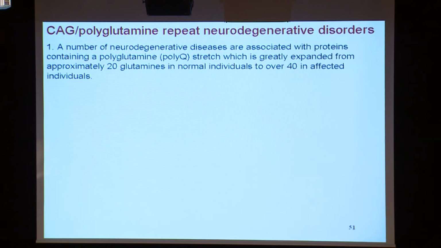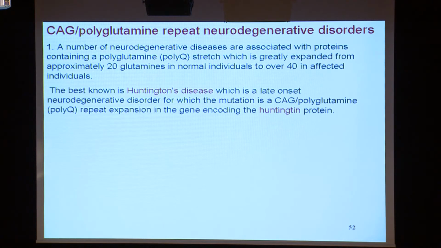And here, this is a case of proteins which contain a polyglutamine stretch encoded by CAG, a glutamine codon, which is normally found in a few iterations of the CAG in normal patients, but in individuals with this polyglutamine repeat disease, this CAG codon is expanded from about 20 glutamines to about 40 in affected individuals.